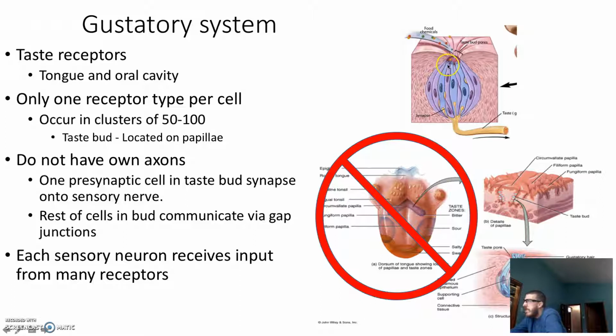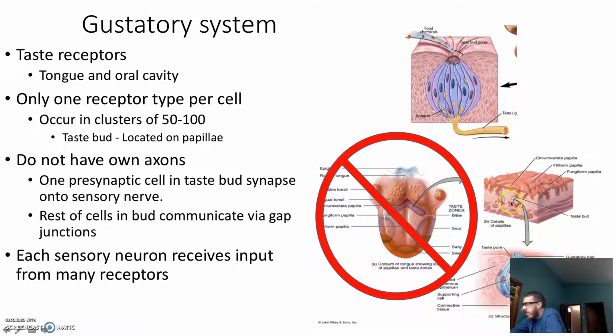And you can see that each of the cells has little cilia, and that those cilia extend out into this area called a taste bud. And so this group together that looks like the onion is the taste bud, and their little protrusion here is where they can collect all these chemicals in the saliva.